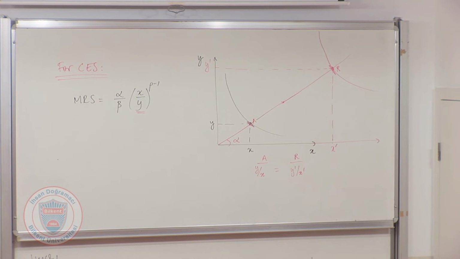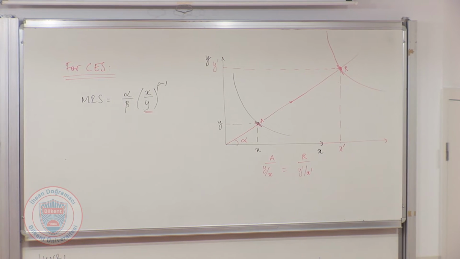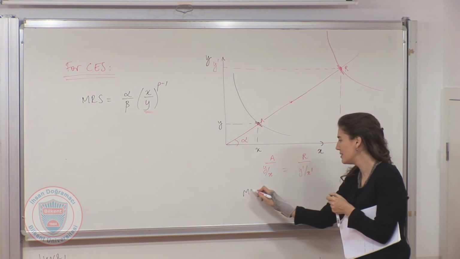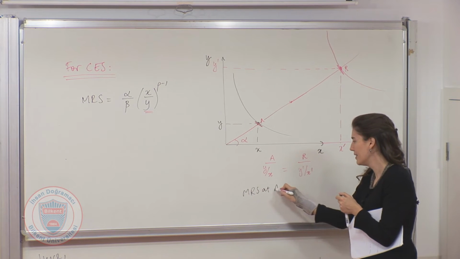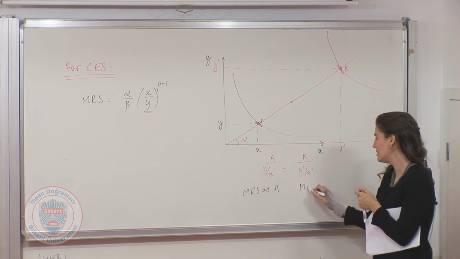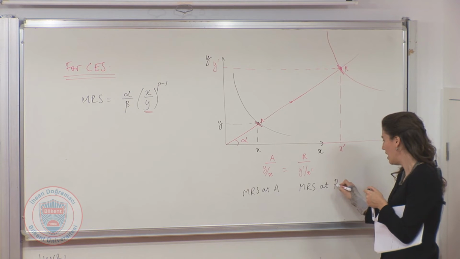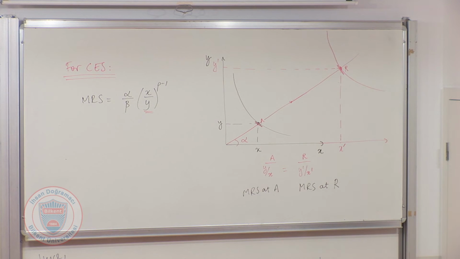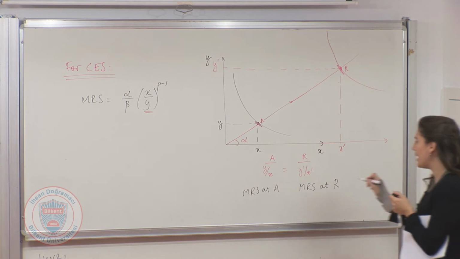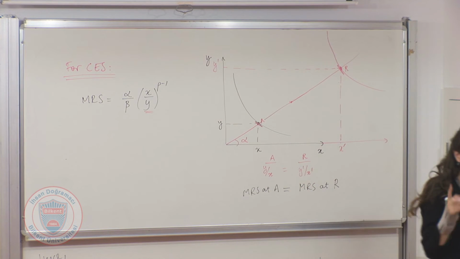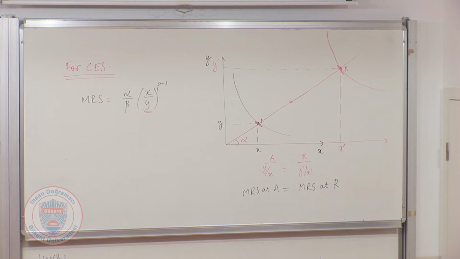You don't have to give the definition. What I can say is that MRS at A and MRS at R are equal, right? But this only happens if the utility function is homothetic, okay?